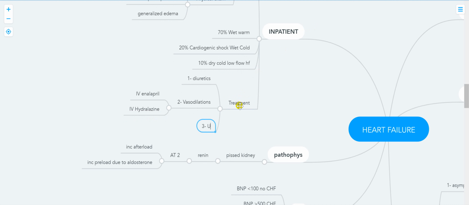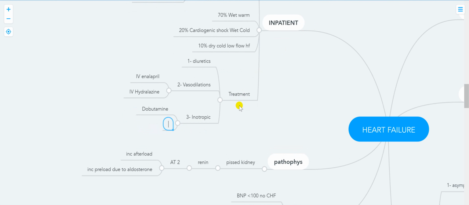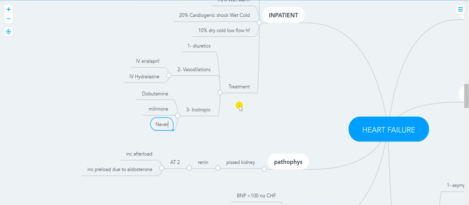We can go with inotropic drugs, like which one? Dobutamine, especially in cardiogenic shock. And we can do milrinone. There's one thing: never ever give beta blockers in acute heart failure, because it's decompensated.